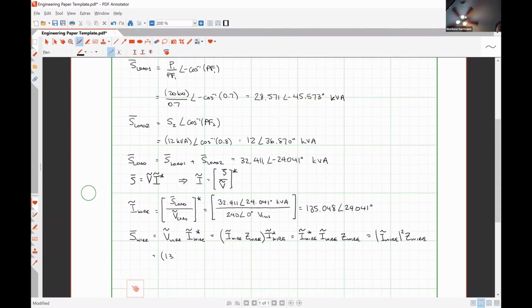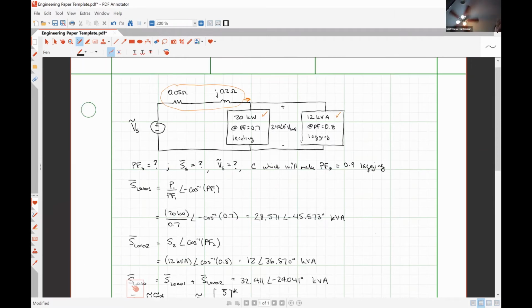So that would be 135.048 amps RMS, quantity squared, and I apologize for not putting my units over here, multiplied by the impedance of the wire, which is 0.05 plus J 0.2.